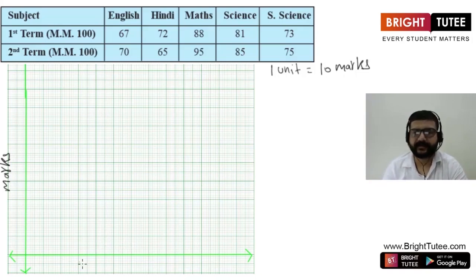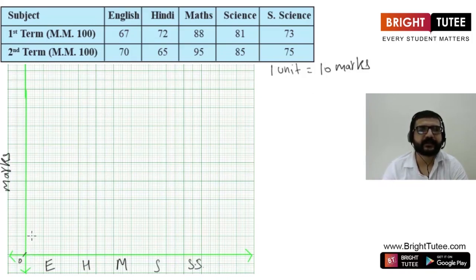Let's mark it here. Let's represent English with E, Hindi with H, mathematics with M, science with S, and social studies or social science with SS. And as the scale is 1 unit is equal to 10 marks, so let's write it here.